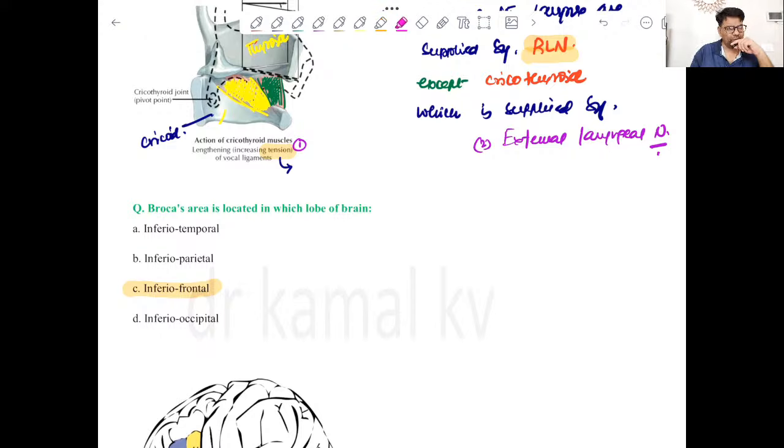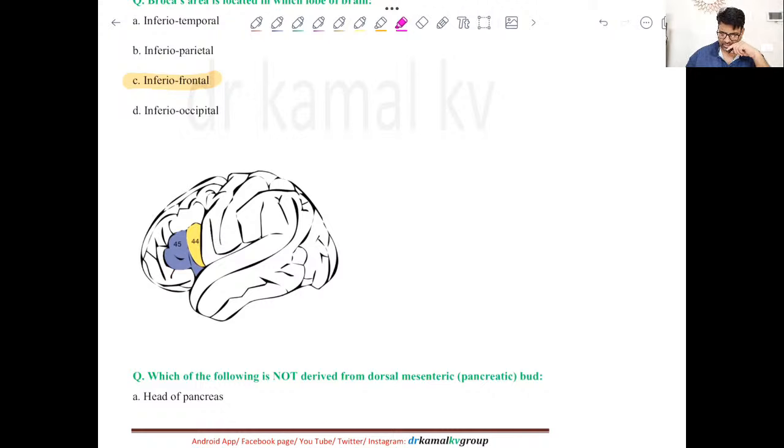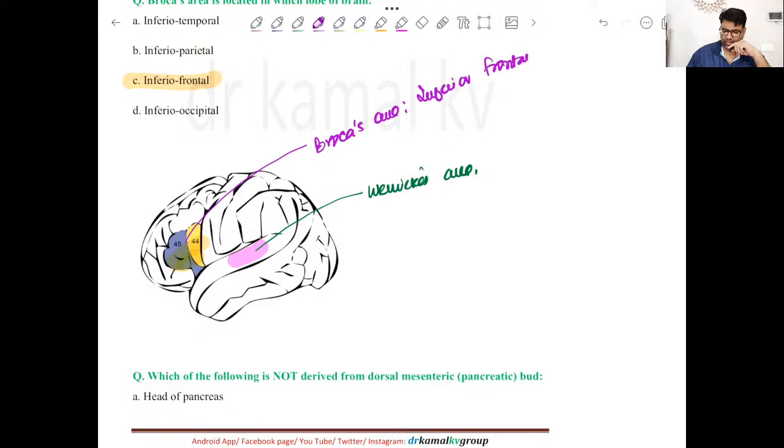And yes, of course, for your Wernicke's, it is superior temporal, right? So this is Wernicke's area, and this is Broca's area, which is the inferior frontal, right? So this is inferior frontal, and this is superior temporal.